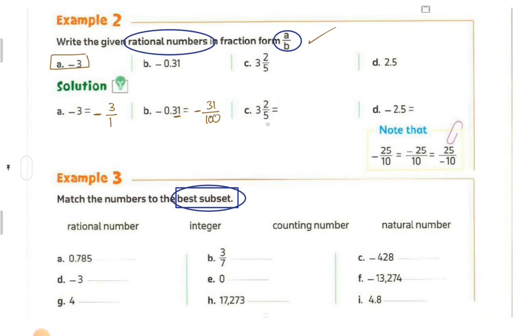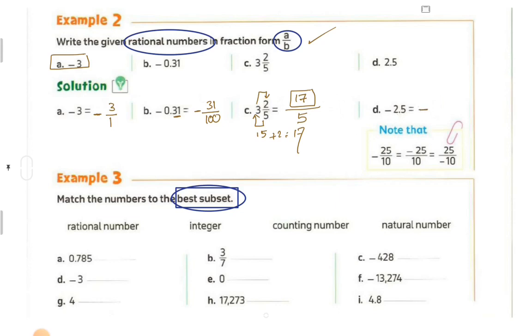3 and 2 over 5. As a mixed number, I can turn it into an improper fraction with the same denominator 5. And what's the numerator? 5 times 3 plus 2. 5 times 3 equals 15, plus 2 equals 17. So we can write here 17. Last one, we have negative 2.5.